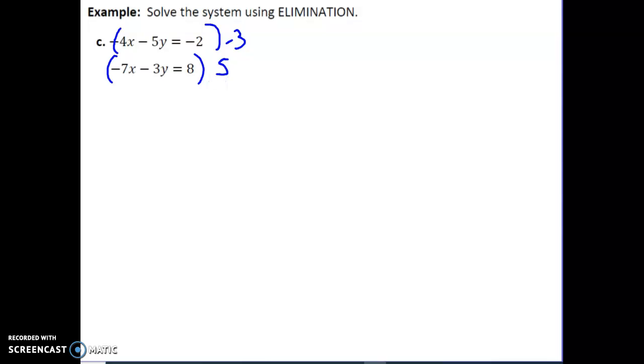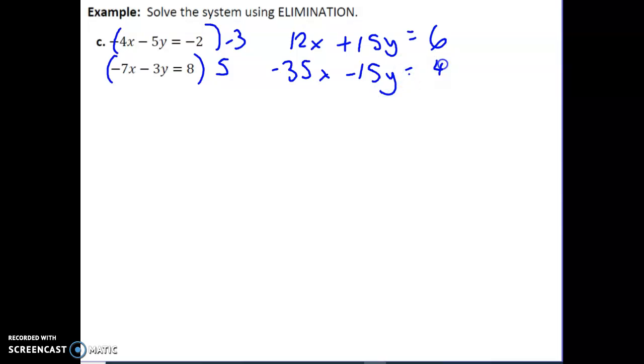So when I chose negative 3 on top, remember when I distribute that negative, it's going to change the signs on everything. So they're all going to end up to be positive. However, in the second line, when I distribute that positive 5, it doesn't change any signs. And so I end up with opposites right here on y.